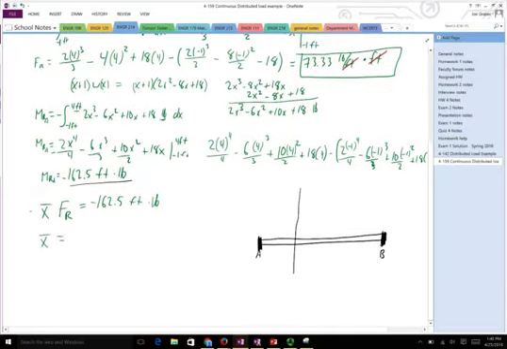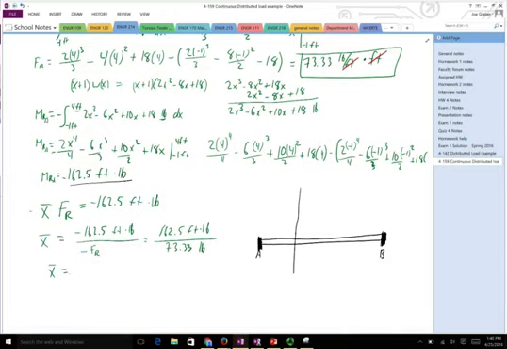X bar is going to be negative 162.5 foot-pounds over negative FR, which is the same thing as 162.5 foot-pounds over 73.33 pounds. Our x bar would therefore be 2.216 feet, or to 3 sig figs, 2.22 feet.